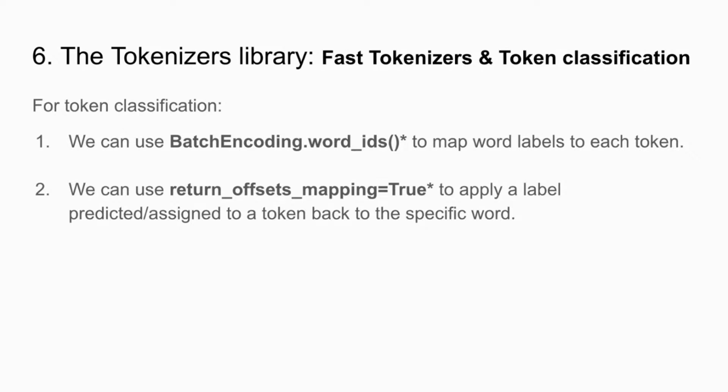So some of the things that fast tokenizers provide that are real helpful in token classification is, one is this idea of word IDs. And so again, when tokenization happens, it takes words and it breaks them up into subtokens, right? So there's one or more subtokens for every word in your raw text.